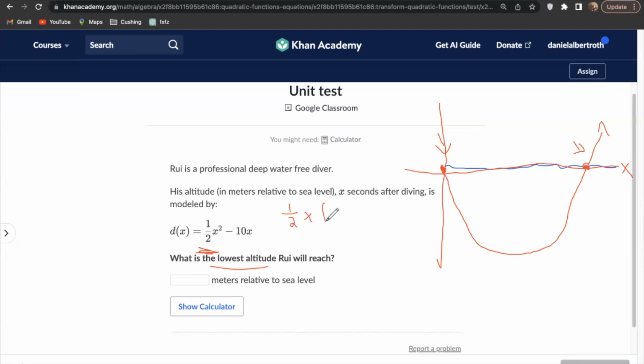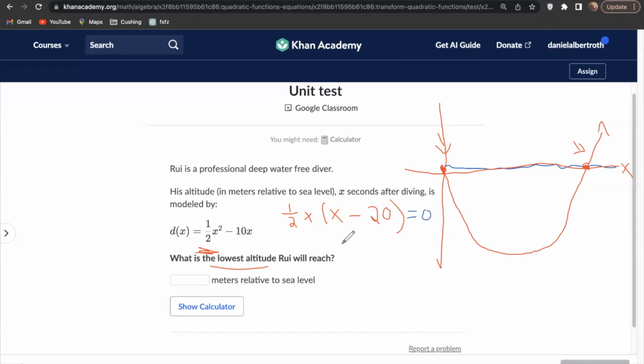It'll be left with x minus, and then this should be 20. So I pulled out 1/2 x. If I multiplied it back, I would get the same thing, 1/2 x squared, and then 1/2 of x minus 20 is minus 10x.